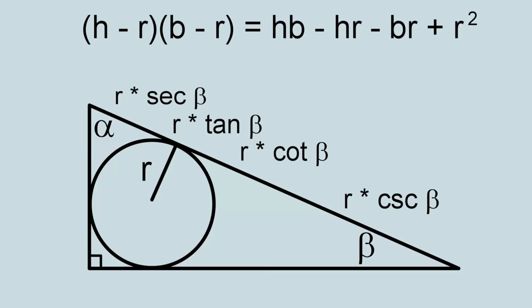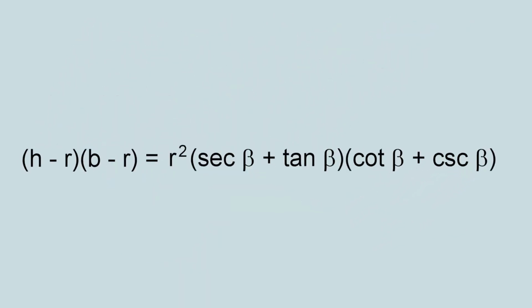So now it's a matter of taking those lengths and plugging them into the formula given, and we can see that h minus r times b minus r is in fact equal to r squared times secant beta plus tangent beta times cotangent beta plus cosecant beta.